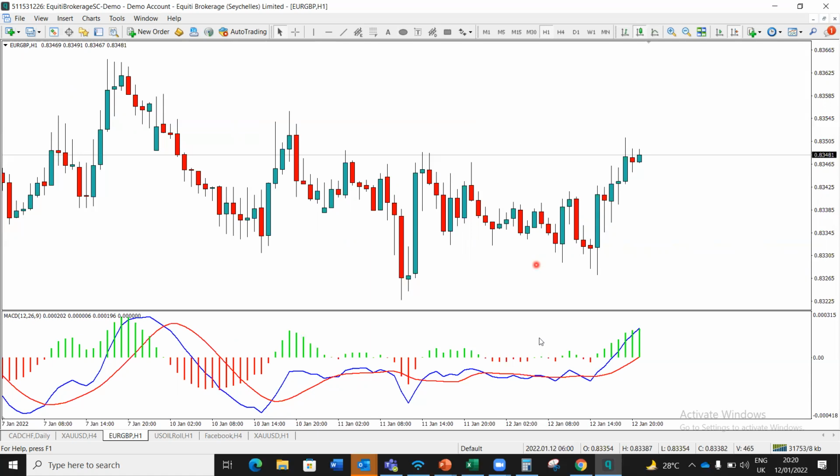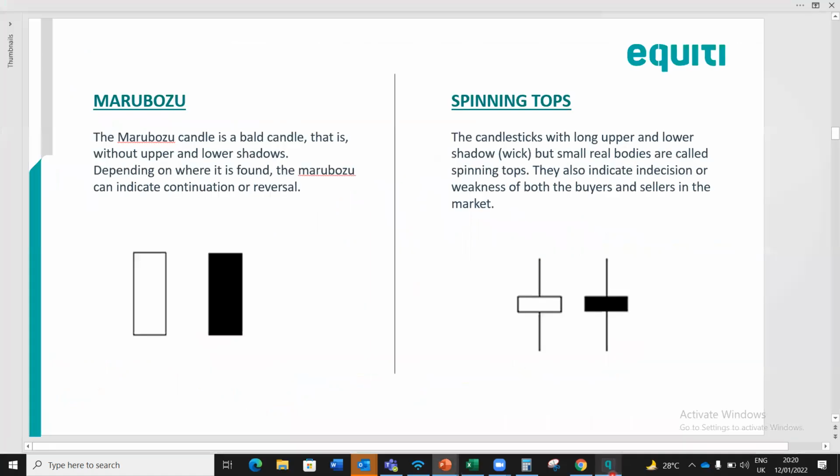All right, let's quickly continue. The next we have is the spinning tops. Candlesticks with long upper and lower shadows, also called wicks, but small real bodies are called spinning tops. Now, I want to make this statement: the spinning tops and the doji look alike, but there is a little difference.